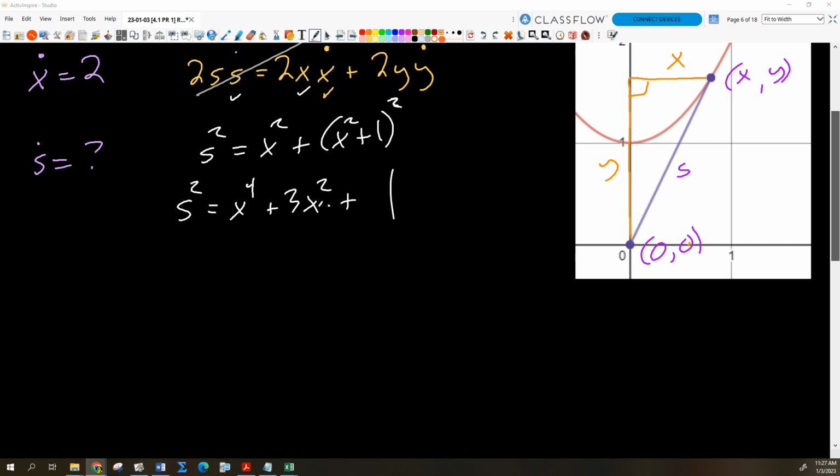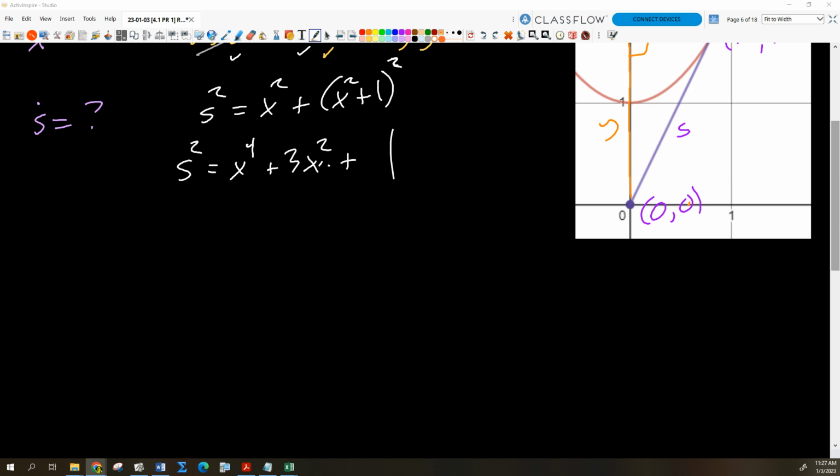And so now if I differentiate implicitly, I'm going to get 2s dot equals, what's that term going to give me? 4x cubed x dot plus 6x x dot. And look, I could factor an x dot out of that side, couldn't I? Everybody agree?